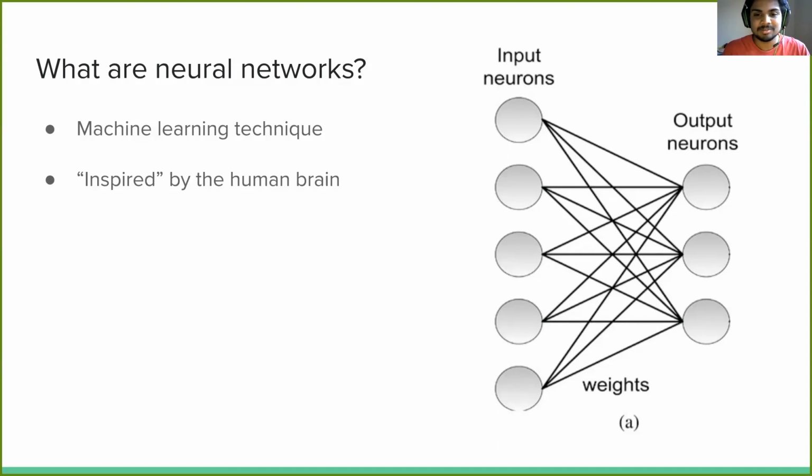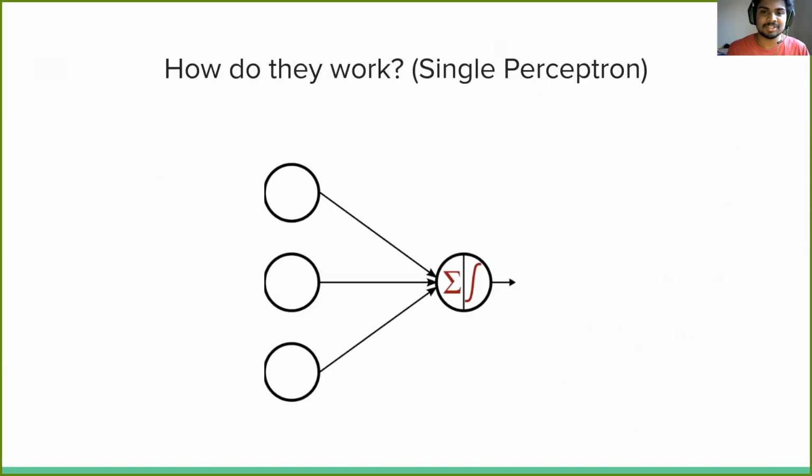So the basic structure of a neuron, in a human neuron, you've got connections between neurons and stuff. So this here is called a single layer perceptron, or a single perceptron. So this guy here is your perceptron. Now that's also known as a node, or an output node in this case.